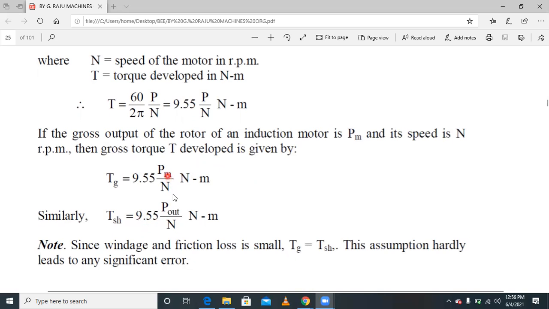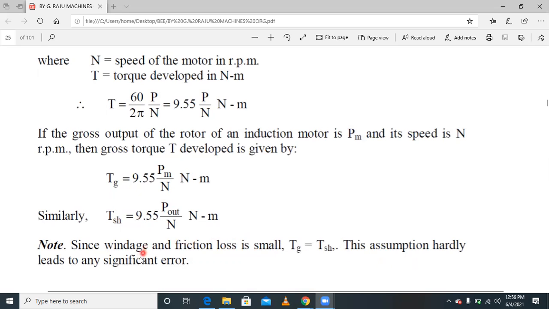So mechanical power developed and output power are different. Mechanical power developed minus windage and friction loss is called output power. Since windage and friction losses are small, the gross torque is almost equal to the shaft torque.